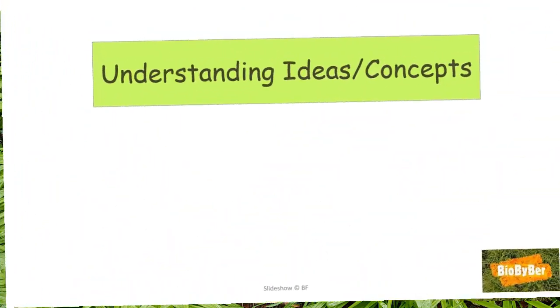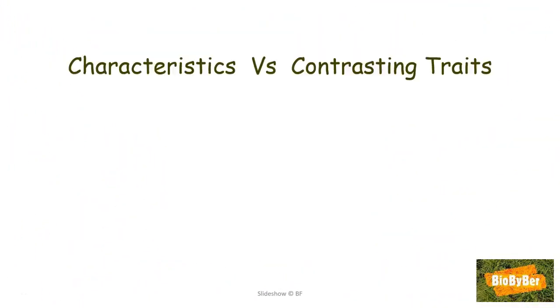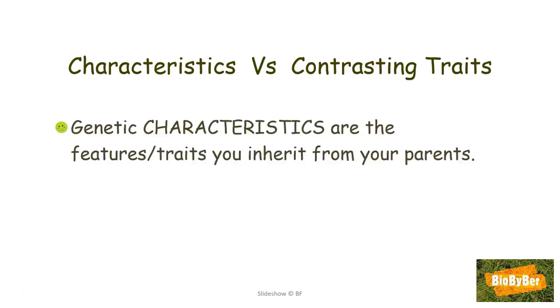Before we start, we need to be clear about a few ideas or concepts. One concept that causes confusion is the difference between characteristics and contrasting traits. Genetic characteristics are features or traits that you inherit from your parents.